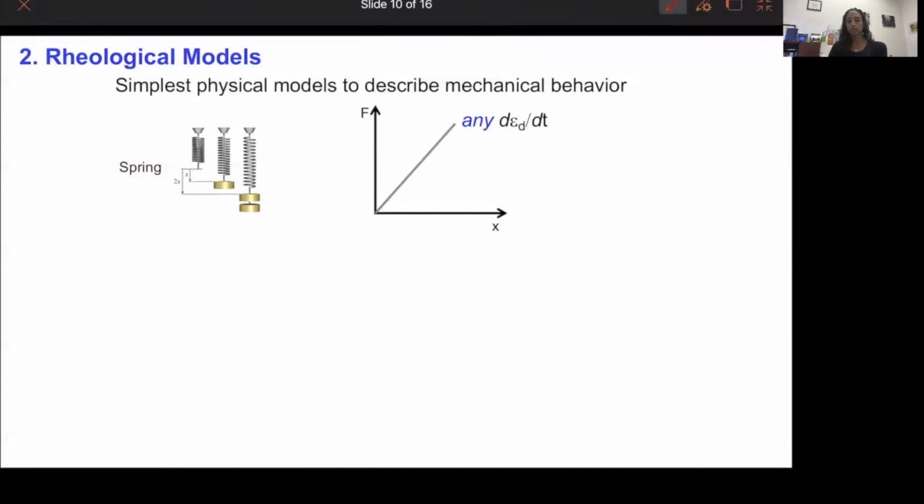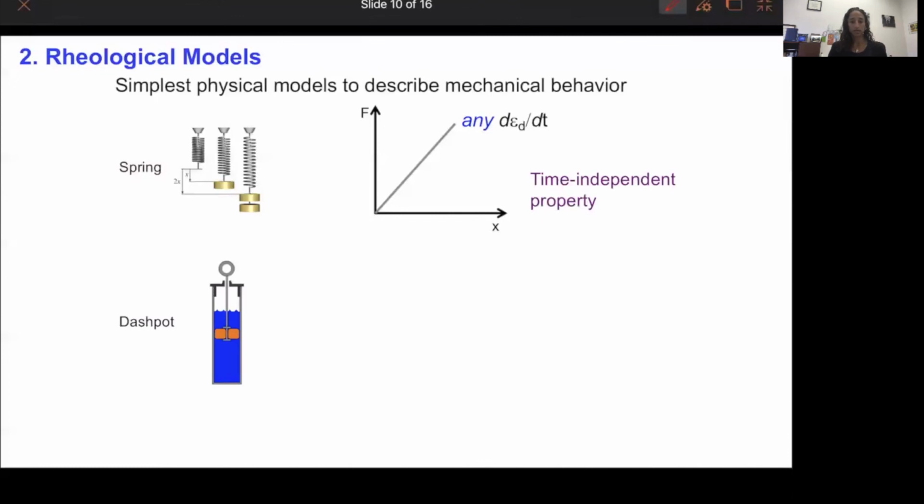And this part of the material is not time dependent. So it doesn't matter what rate we apply the load, we're going to see the same type of response. It's a time-independent behavior.